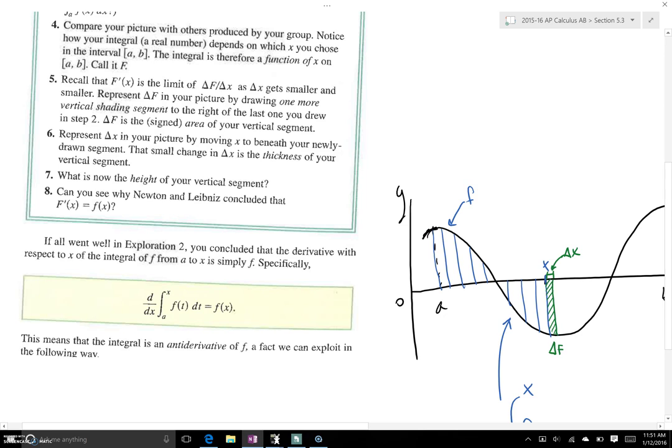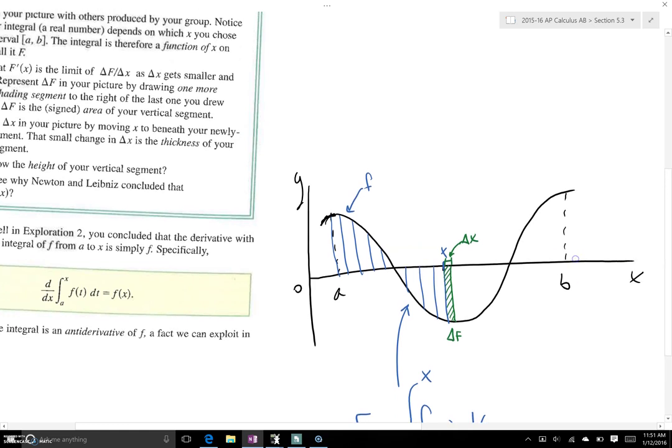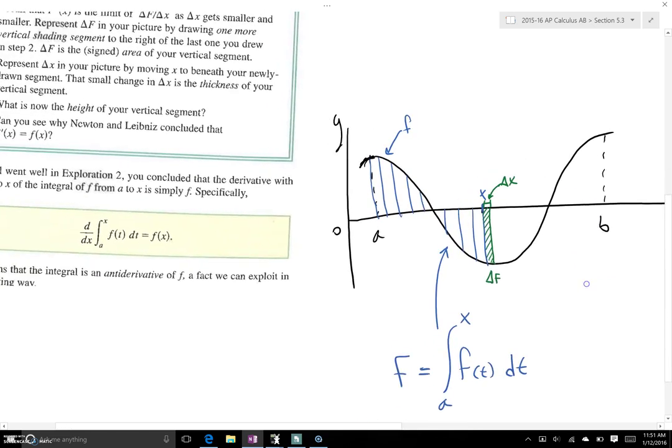So 7 says, what is now the height of your vertical segment? So that height is our lowercase f.